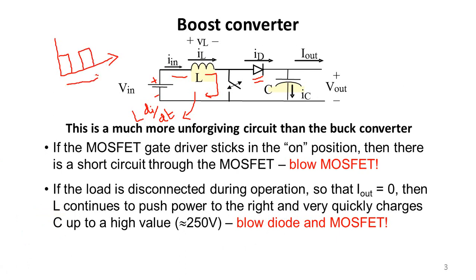This total period is what we call T. This is the on period, the duty cycle period, so I call it D into T, and the rest of the period, the off period, is going to be 1 minus D into T, because the duty cycle is a total of 100%. So if this is D into T, this is 1 minus D into T.